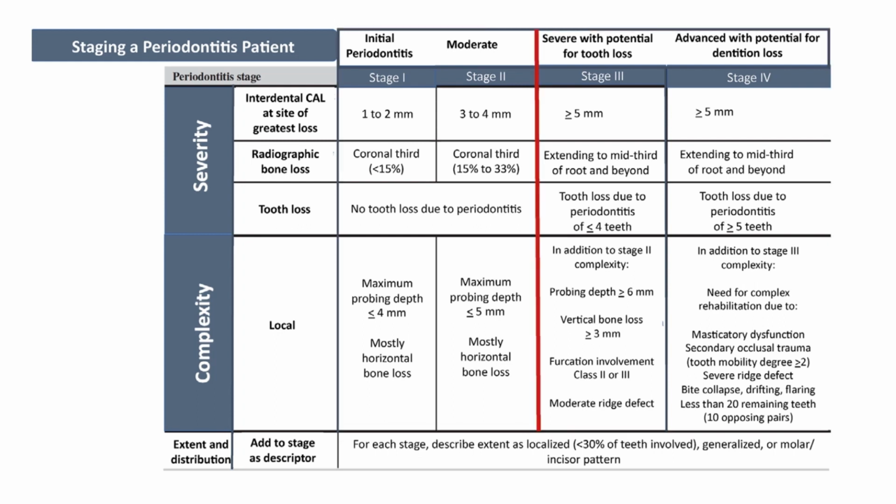And that's a good starting point for more detailed assessment later on. So if the clinical attachment loss is greater than 5 millimeters, or if the bone loss affects the middle third of the root or beyond in more than 2 adjacent teeth, then the diagnosis is either stage 3 or 4.